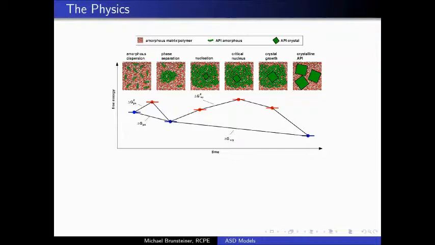And there are various free energy barriers in between. Here we concentrate only on this first step, how to get from the homogeneous amorphous solid dispersion to a phase-separated system. So this first step is what we consider.